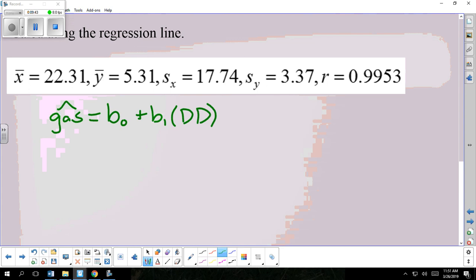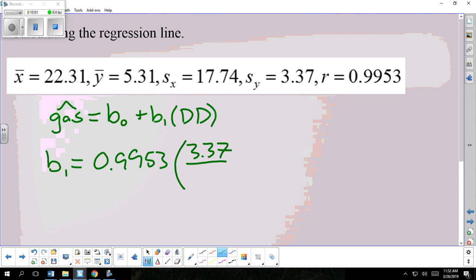So let's go ahead and first calculate our slope. B1 equals our correlation coefficient, which is quite high, times the standard deviation of y over the standard deviation of x.